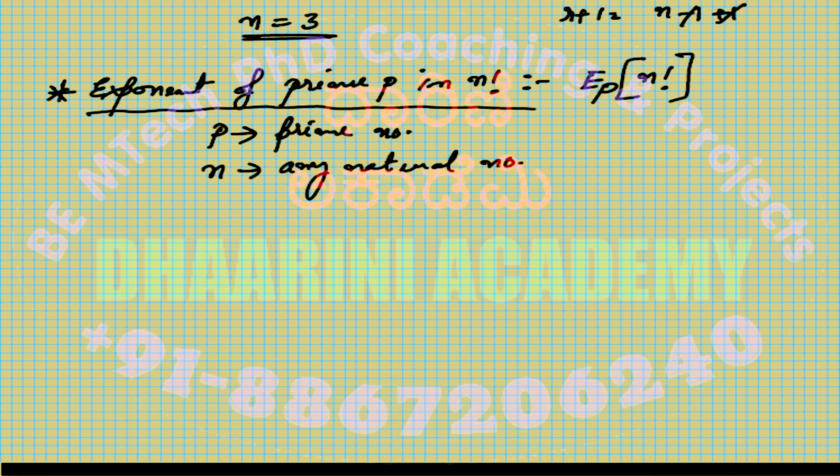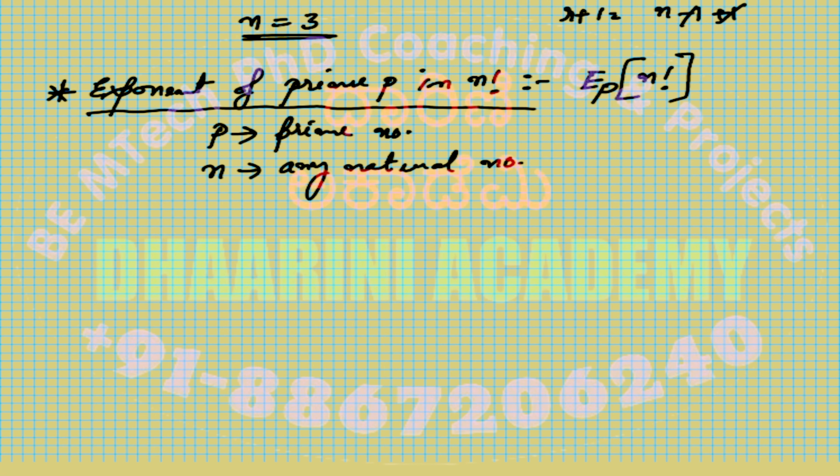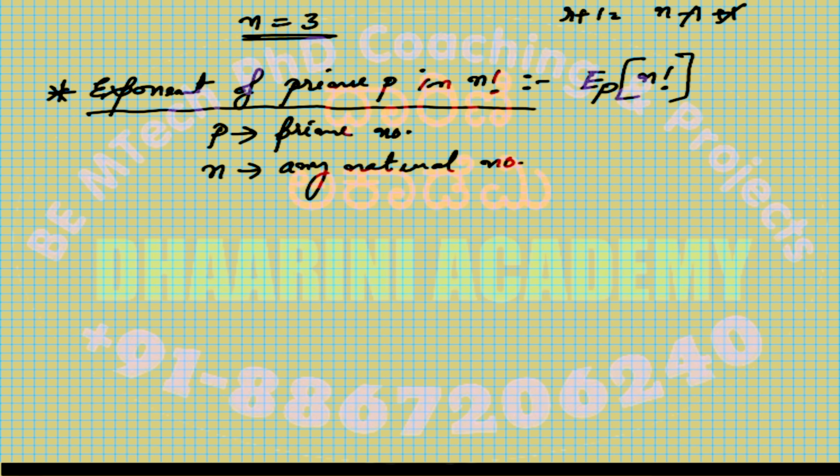All right, now this actually represents the last integer among 1, 2, 3, 4 up to n minus 1, n. Because n factorial is n into n minus 1 into n minus 2 and so on up to 1.